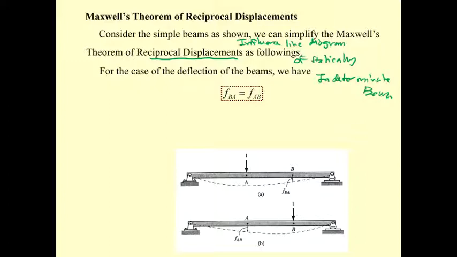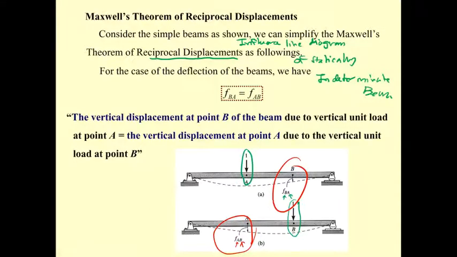Okay, and this can be proved by using the substructure if you like to prove it, but I'm going to show you in short. Okay, if the beam is subjected to 1 unit load, the beam is going to deflect at B with the force at A, and if the beam is subjected to the load at B, then the deflection will be at A due to the load at B. Okay, and you can prove this one and this one are equal, and then you may say something like this.